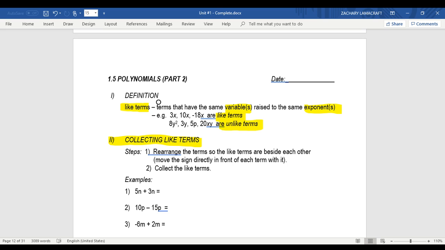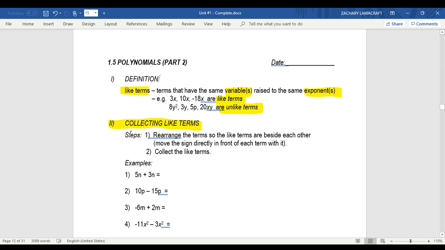So when we collect like terms, we look at the whole equation and we do our best to put those terms together that have the exact same variable and the exact same exponent. And then when we have that, we can use the signs to figure out what we're doing, all right? So it says rearrange the terms so the like terms are beside each other, and move the sign directly in front of it.